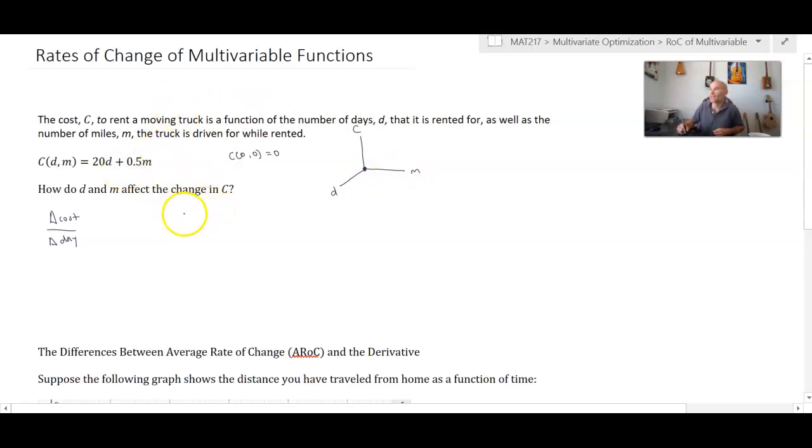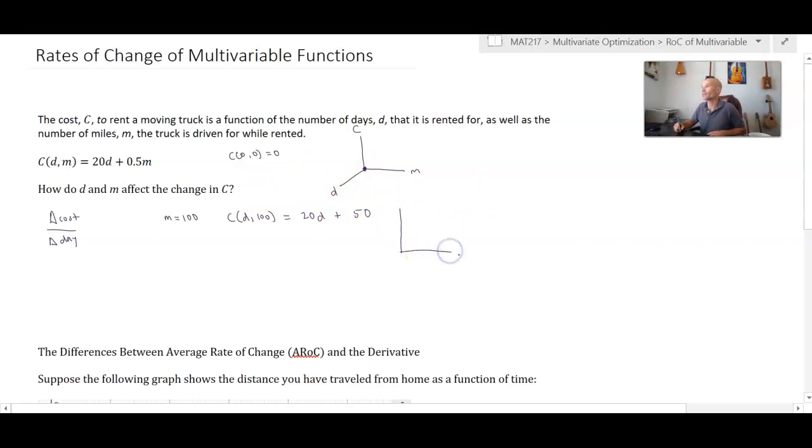Suppose we let M equal 100. Then our reduction of this function will be C of D comma 100 equals 20D plus 50. Now we can see that this is just a linear function in 2 dimensions that I could actually graph.